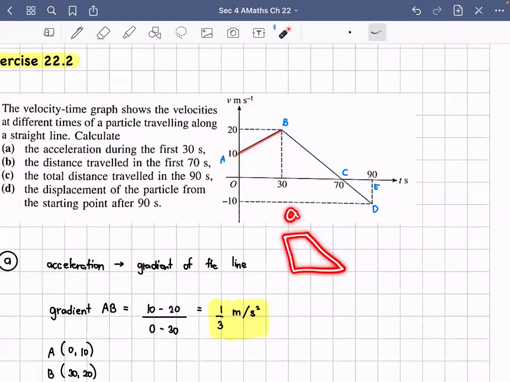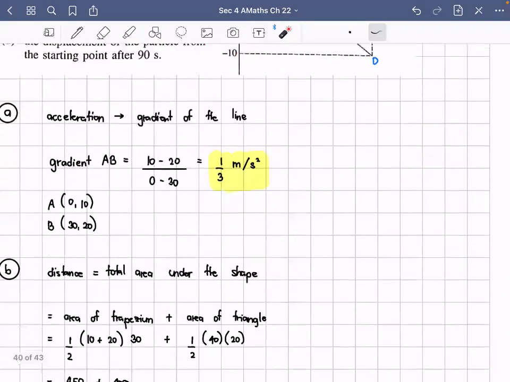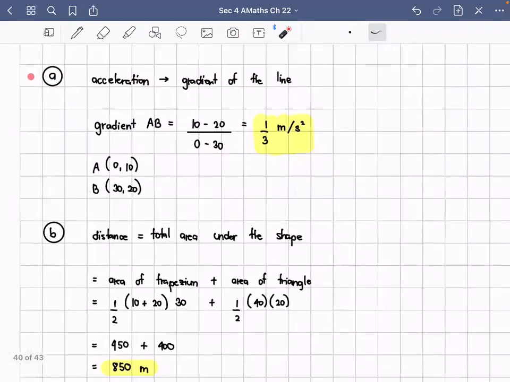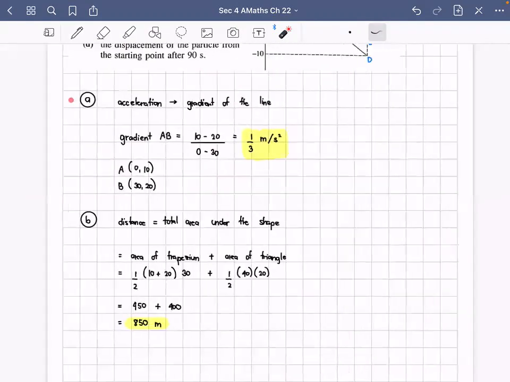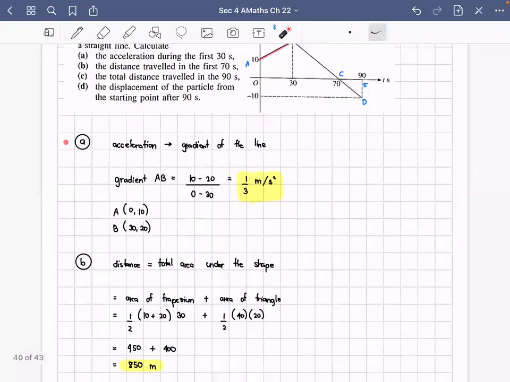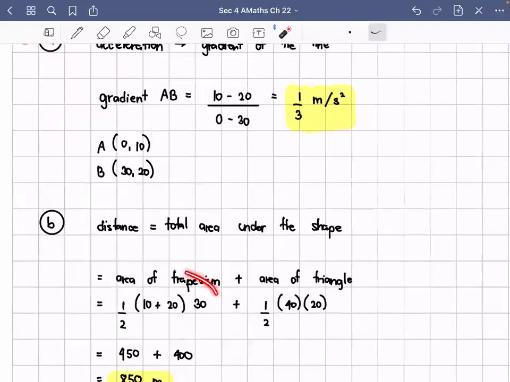So this is your A, this is your B, this is your height. And this one is, again, a triangle. So the total area of the shape is a trapezium plus the area of a triangle. Let's compute that now. For the trapezium, it's 1/2 times (A plus B) times the height.